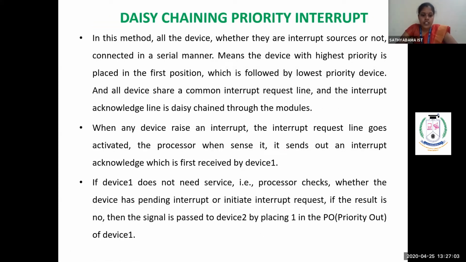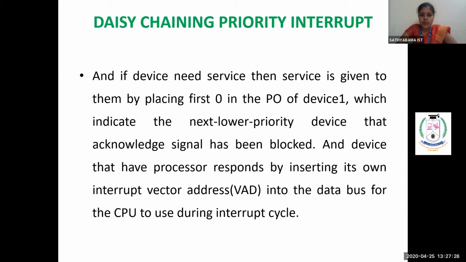If device 1 does not need service, so device 1 is not giving an interrupt request to the CPU, the processor checks whether the device is pending an interrupt or initiating an interrupt request. If the result is no, then the signal is passed to device 2 by placing 1 in the PO, that is the priority output of device 1.